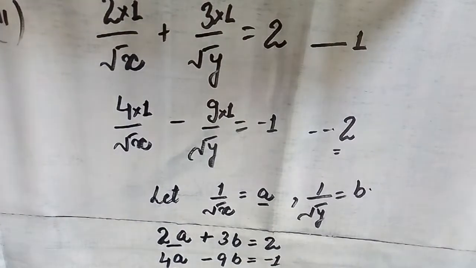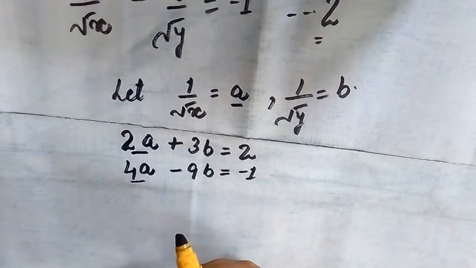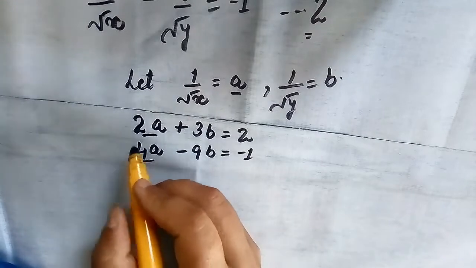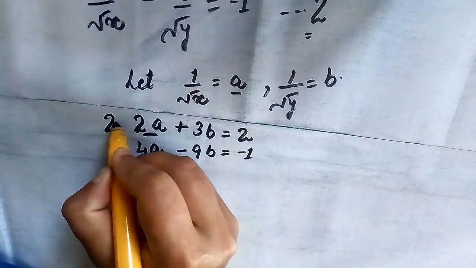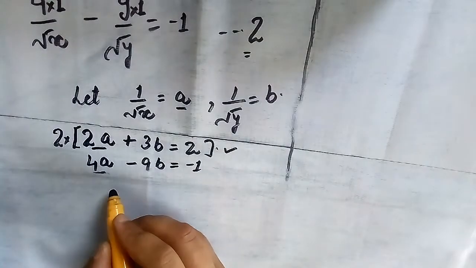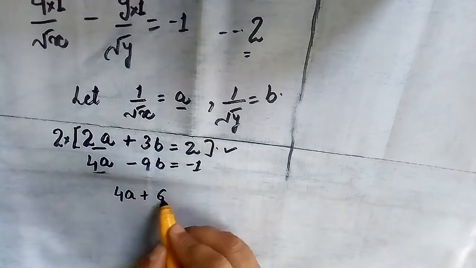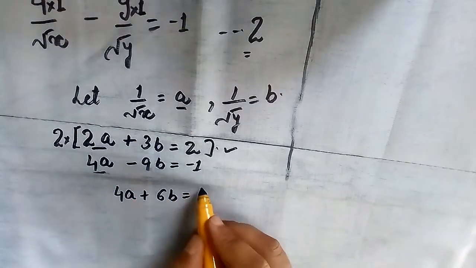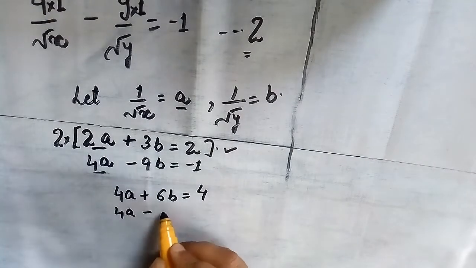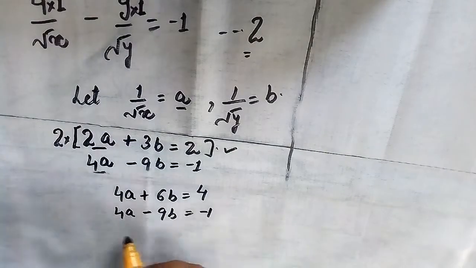For the elimination method we have to equate the coefficients of one variable by multiplying the whole equation by something. If we multiply the first equation by 2, the coefficients of a will be equal. So 2 2s are 4a plus 3 2s are 6b equals 2 2s are 4. And the second equation I am writing as it is, because now the coefficients of a are equal.